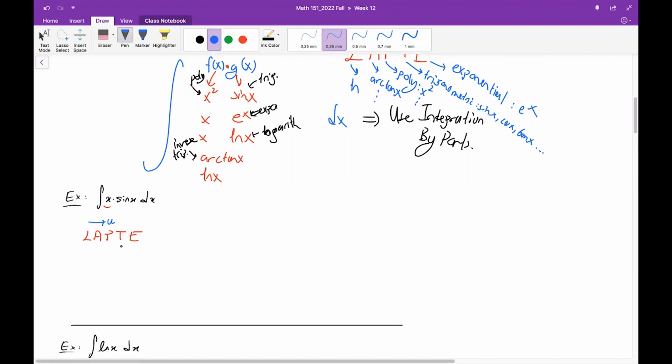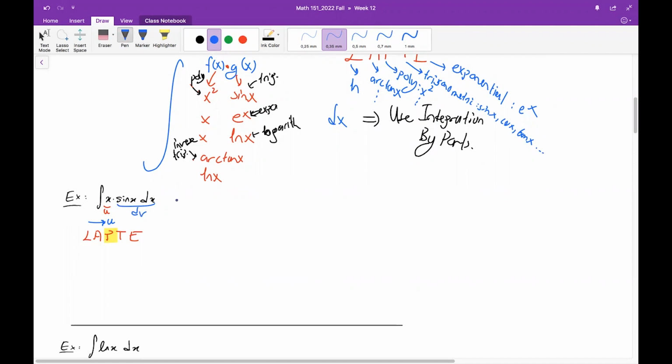Whichever comes first will be chosen as u. This is the rule. So we have a polynomial and we have a trigonometric function, and you notice that P comes first in the shortcut than the trigonometric function. That's why the polynomial part should be chosen as u. And the whole rest will be chosen as your dv.